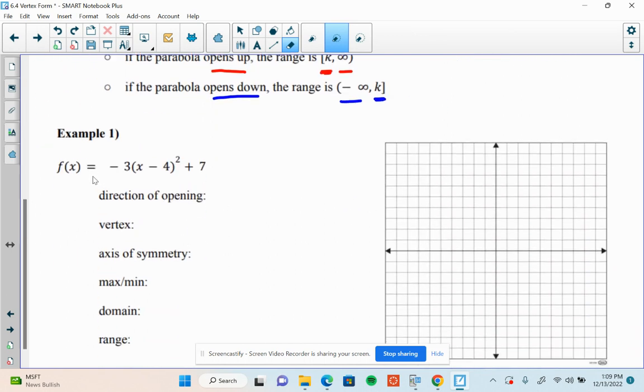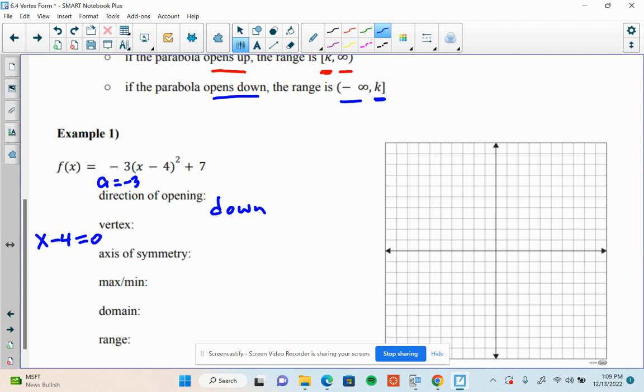So for example 1, a is -3, so that parabola is going to open downward. For the vertex, I like to look at it this way. The vertex is going to happen when the inside of the square is equal to 0.